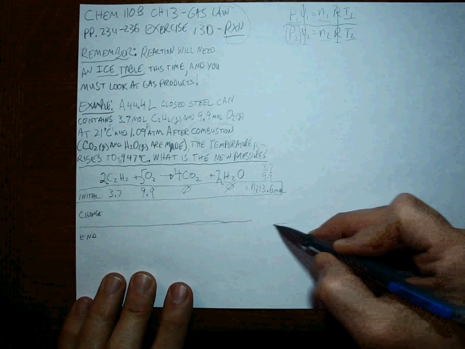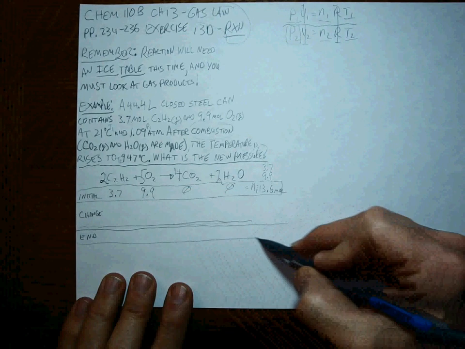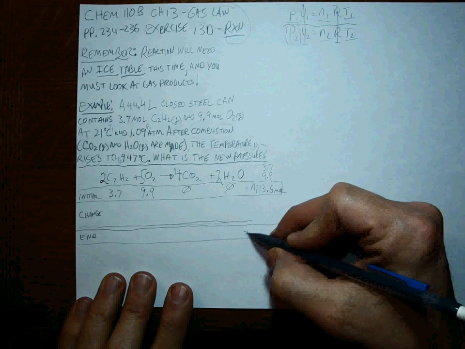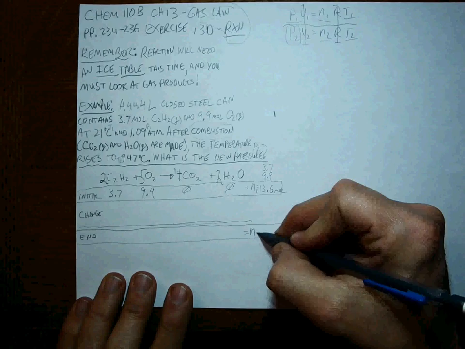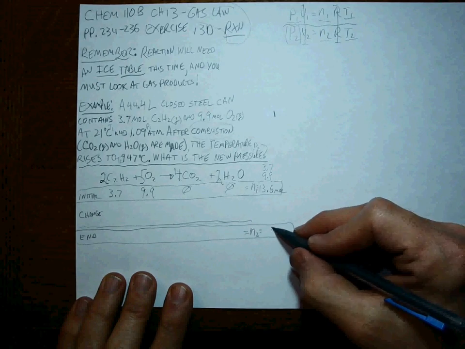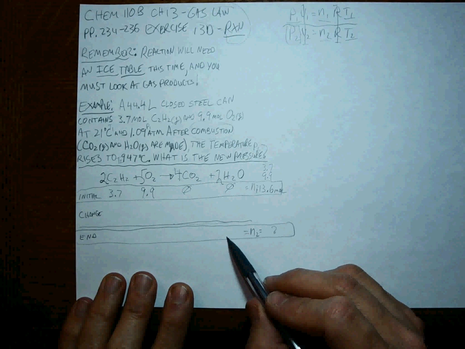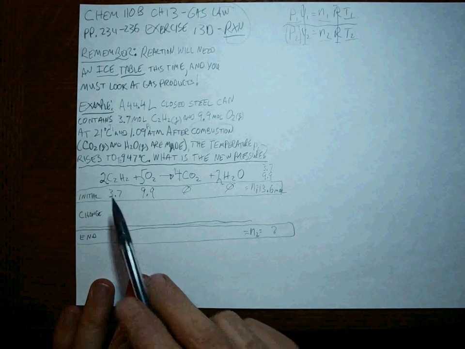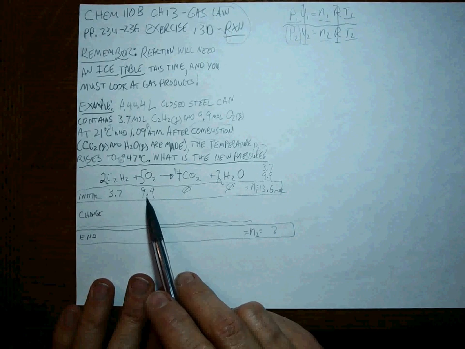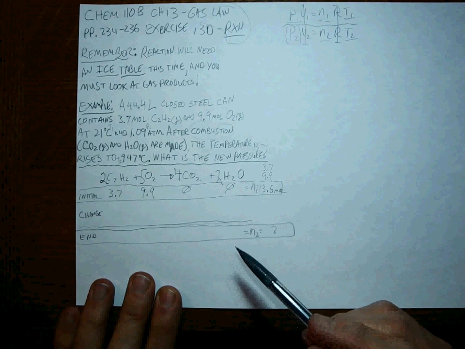N2, well, N2 is going to be the moles of gas with the new temperature and pressure, or in other words, the moles of gas that we have at the end. And the only way we can figure out what N2 is is by going through the process of the reaction, determining what the limiting reagent is, how much is left over of the excess reagent, and how much of the product is made.